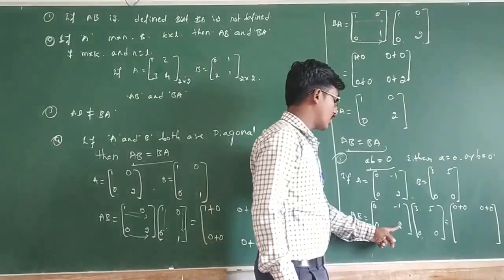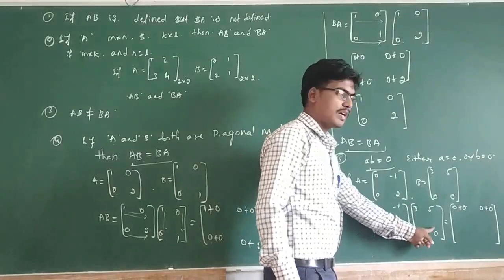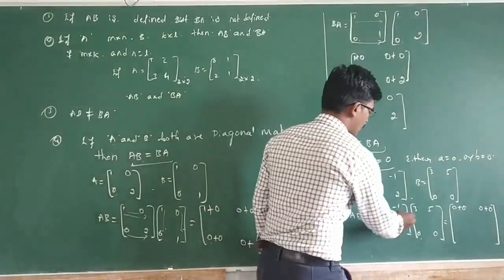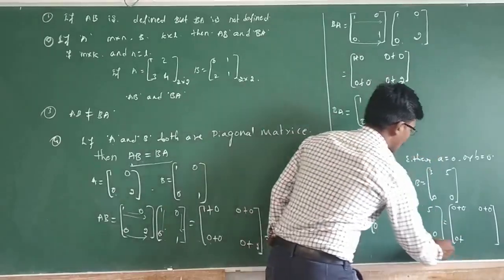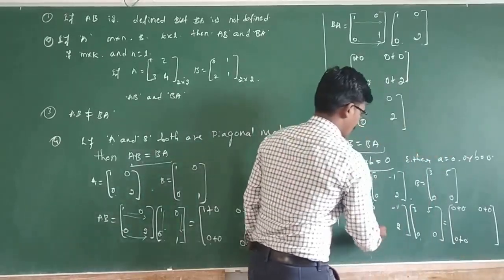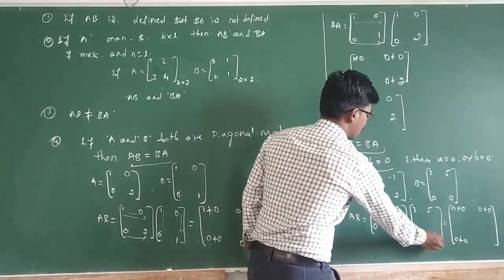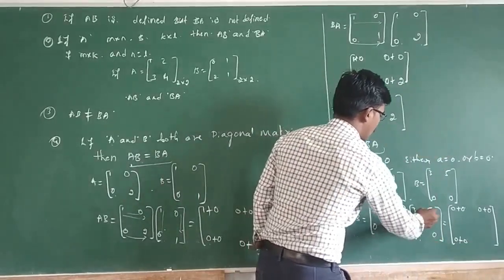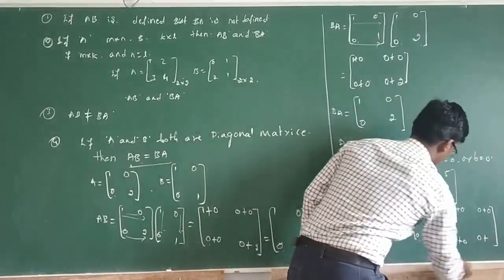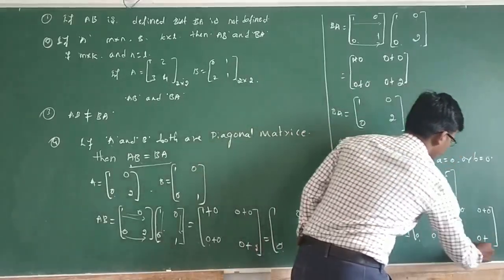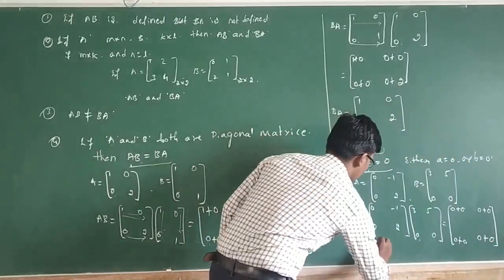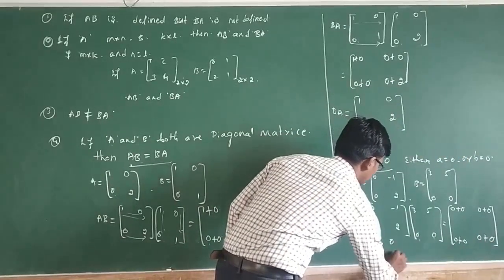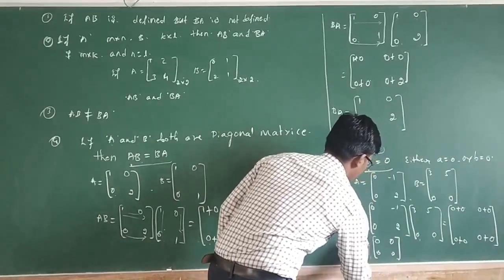Next take the second row, each column of the next matrix multiply. 0 into 3 is 0 plus 2 into 0 is 0. Next first column completed, second column multiply. 0 into 5 it is 0 plus 2 into 0 is 0. What we get? It is equal to 0 0 0 0. AB is equal to 0.